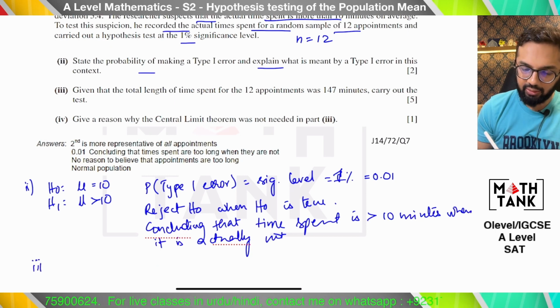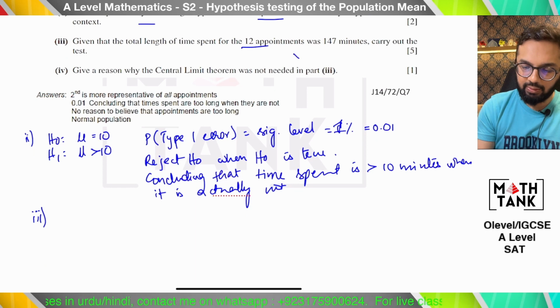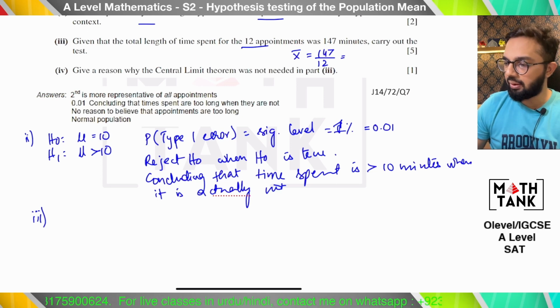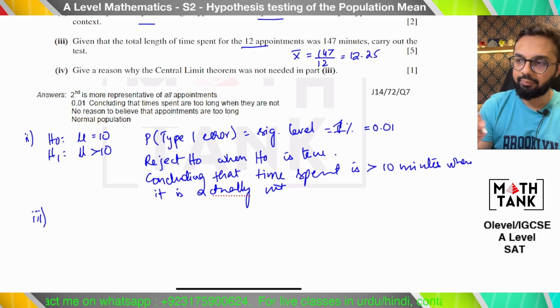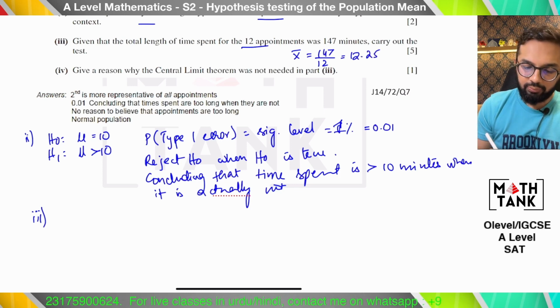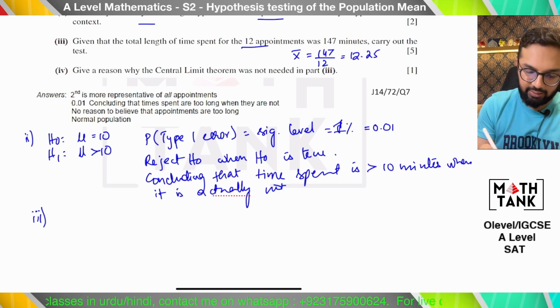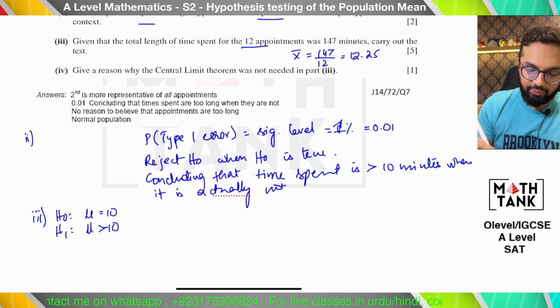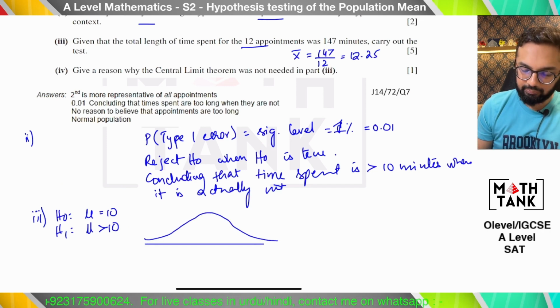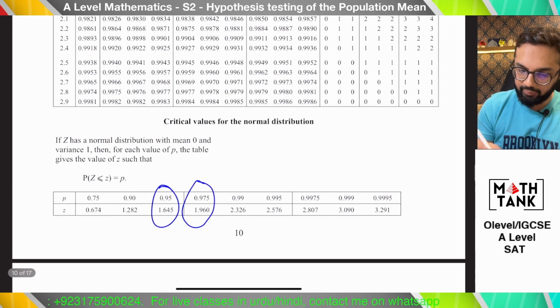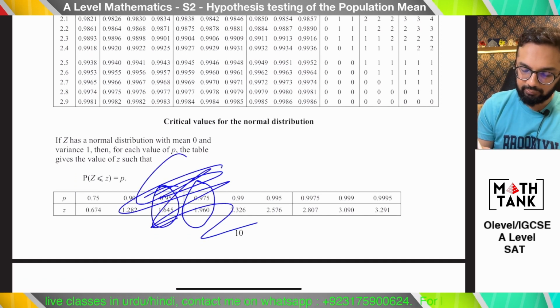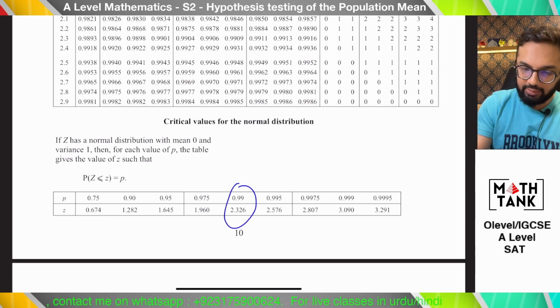Part 3, given that the total length of time spent by 12 appointments is 147, so x bar is 147 divided by 12. That gives me 12.25. So carry out the test. I need this to carry out the test. I am going to draw my rejection region. 99% is what? 2.326.